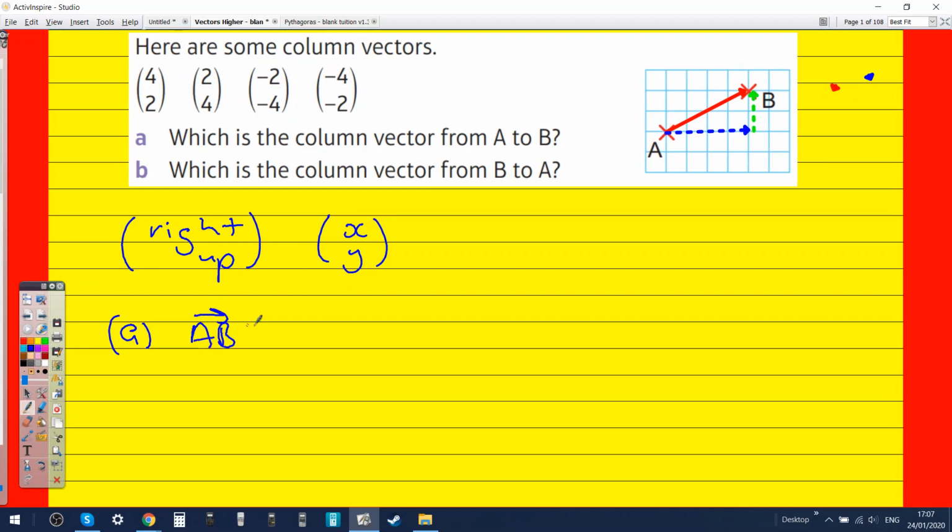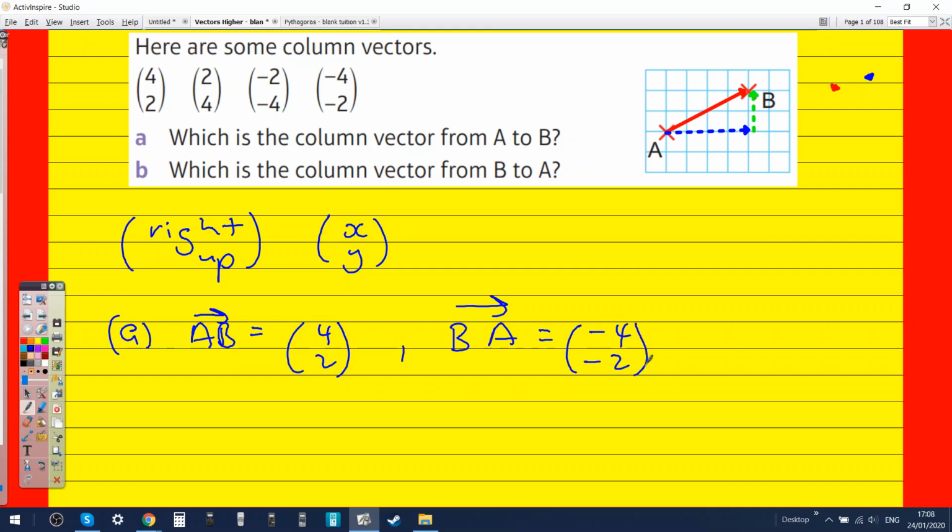So A to B is 4, 2. What would be B back to A? -2, -4. Yes, so it's just the negative. Uh, no, not -2, -4. -4, -2. Yes. So 4 left, 2 down.